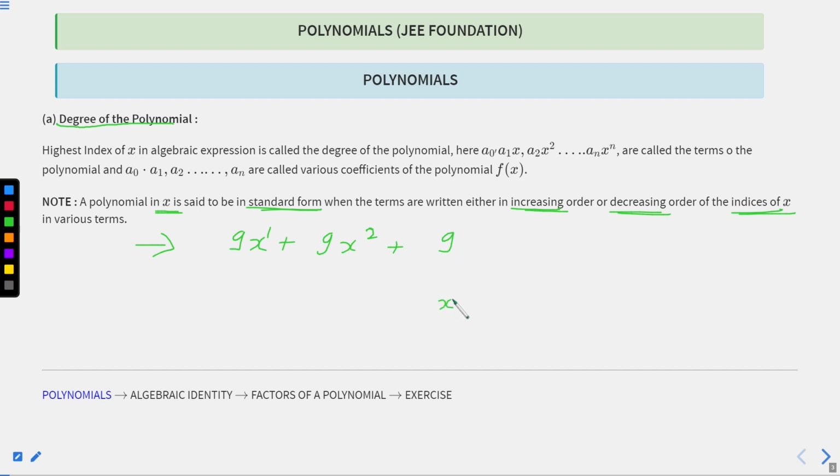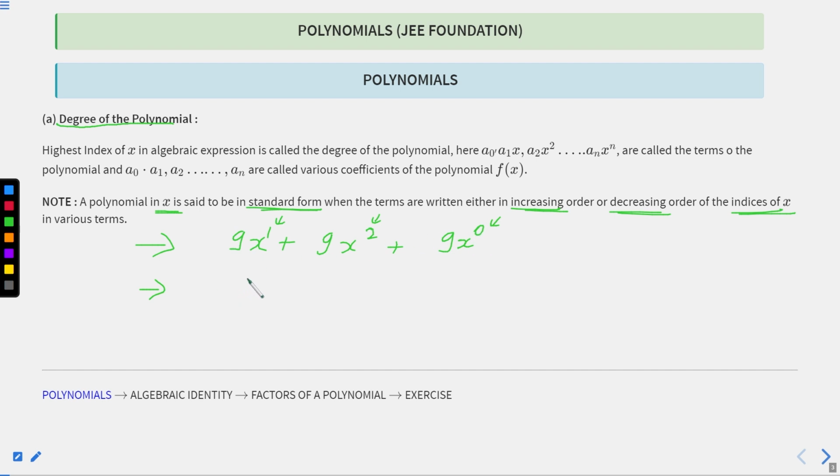We know that any number or variable to the power 0 equals 1, whereas x cannot equal 0. So here 9 can be rewritten as 9x power 0. In this case, the powers are 1, 2, 0, so it is neither in increasing nor in decreasing order.